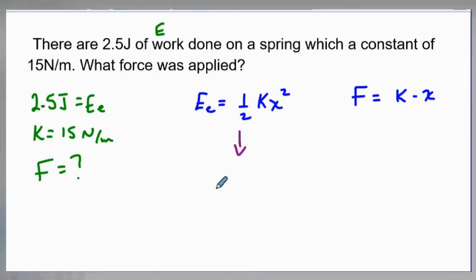So we're going to see that the x, I'm going to just go quickly to it. If you need help with the algebra, go back to the last question, but it's going to be 2 times the E divided by the K. That's going to give me the x value.